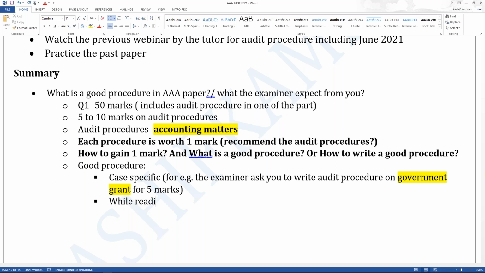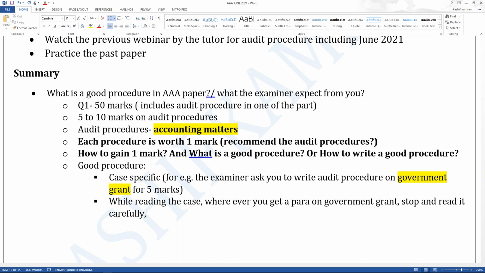While reading the case, question number 1, which is a long case, wherever you get a paragraph on government grant, stop and read it carefully, because that paragraph will tell you what procedures you will make on government grant.